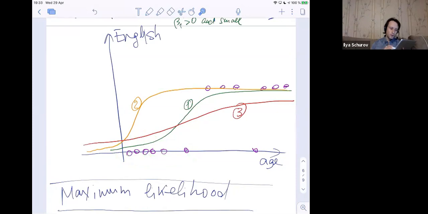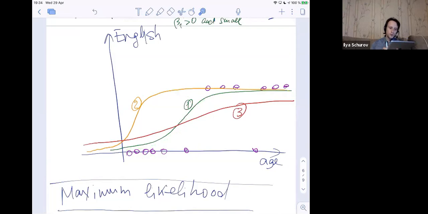So we can make these predictions more confident. We can put this curve here. So basically, out of these 3 curves, curve number 1 is the best one.